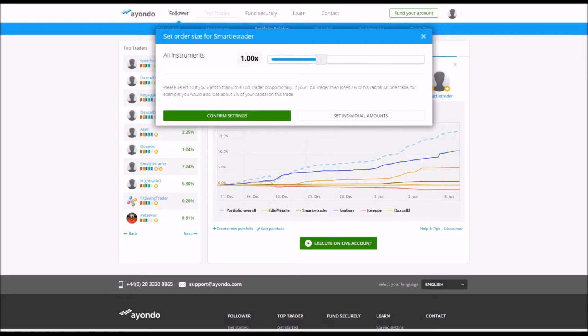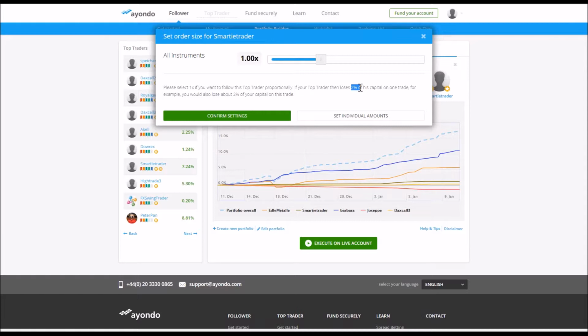What we do is we basically dial up or dial down how much risk we want allocated to each trader. So for example, let's pretend Smarty Trader has got a £10,000 account, does a trade on the Dow with the stop 50 points away, and does it at a size that means they're risking losing 2% of their capital on one trade.